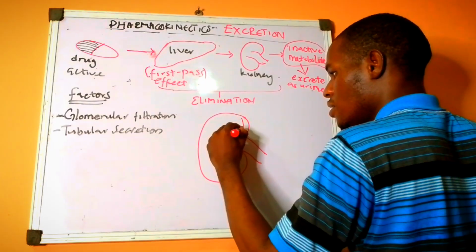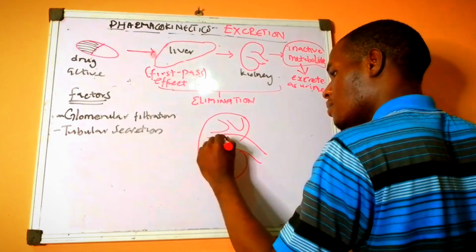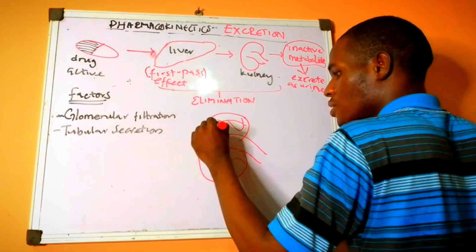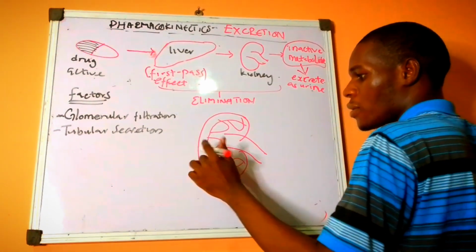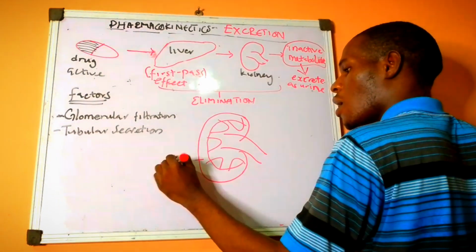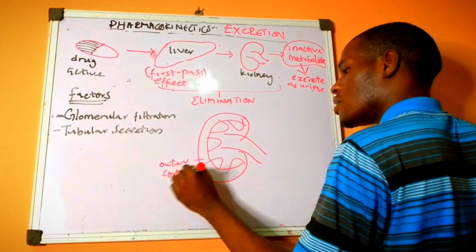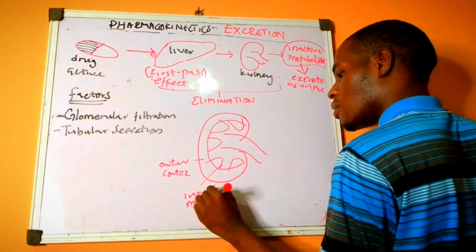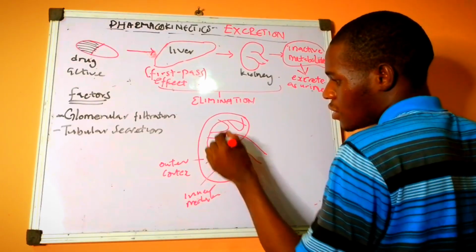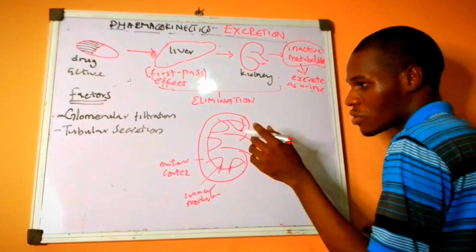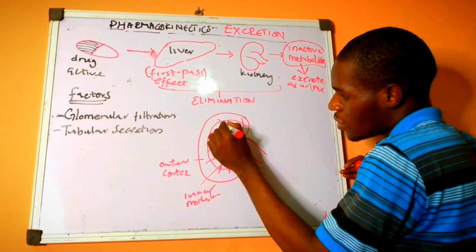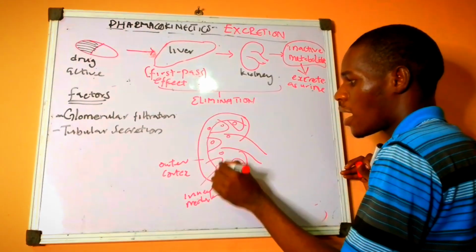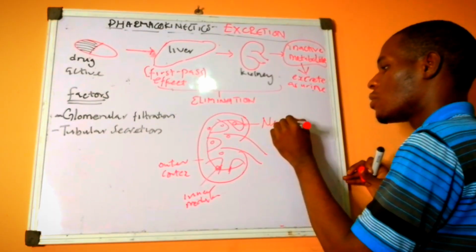Looking at the kidney, I guess I'm drawing this right. This is the outer cortex. This is the inner medulla, and there are tiny structures in the kidney which are actually called nephrons.